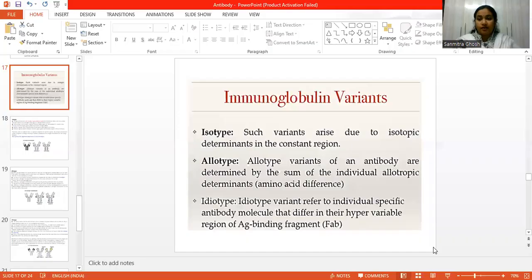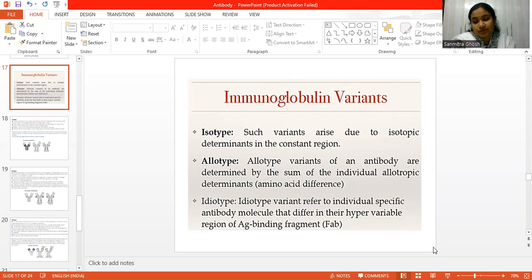So to begin with, again, let me share the slides with you. Right. So as I mentioned, the different variants of immunoglobulins are isotypes, which mainly arise due to the isotypic determinant in the Fc region of the antibody.